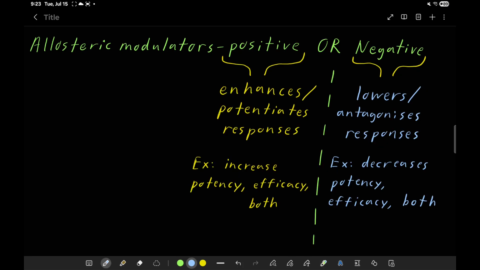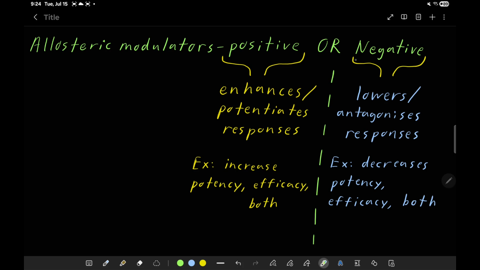So modulators binding to allosteric sites can be positive or negative allosteric modulators. A positive modulator, as the name suggests, enhances or potentiates responses. So this could be, let's say, an increase in potency or an increase in efficacy, or both.